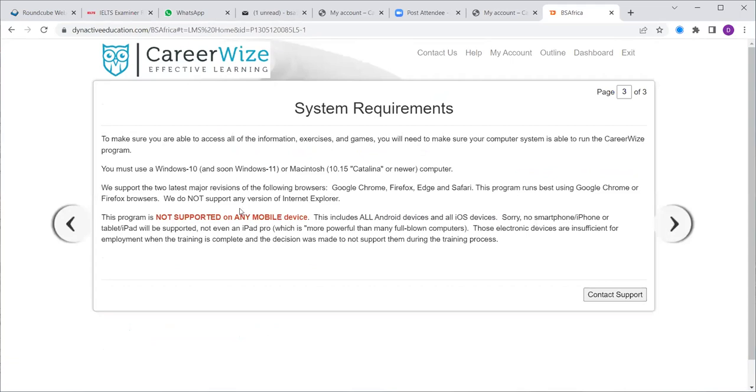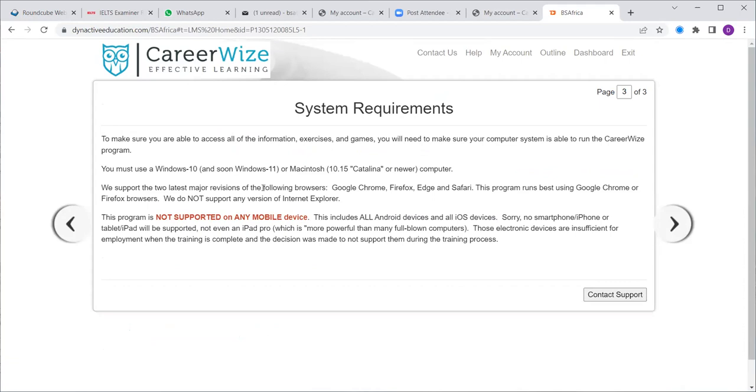Then system requirements. Can you please quickly read what is under system requirements for me? Okay, so it says, to make sure you are able to access all the information, exercises and games, you will need to make sure your computer system is able to run the CareerWise program.